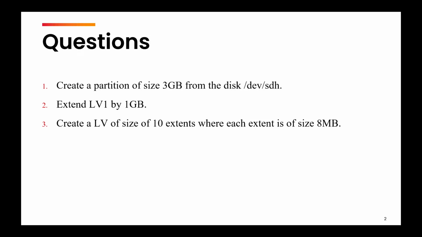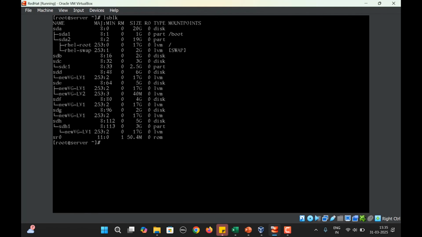The last question is to create a logical volume of size 10 extents where each extent is of size 8 MB. So I will use the disk sdb. First step is pvcreate /dev/sdb, then vgcreate -s to give the size of the physical extent to 8 MB.